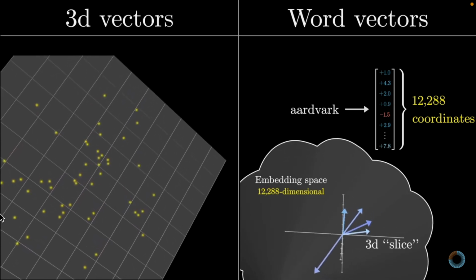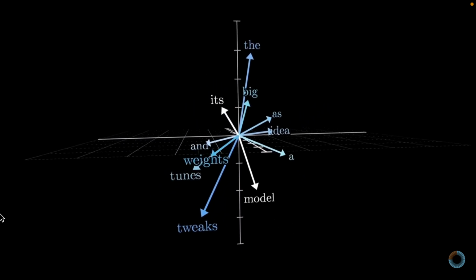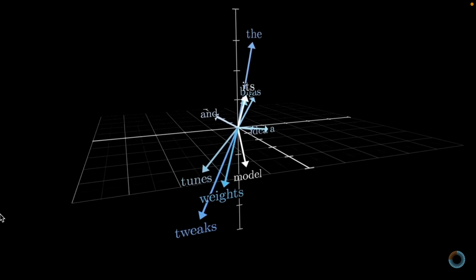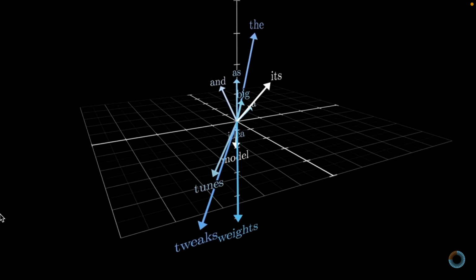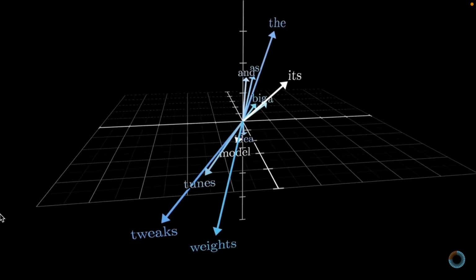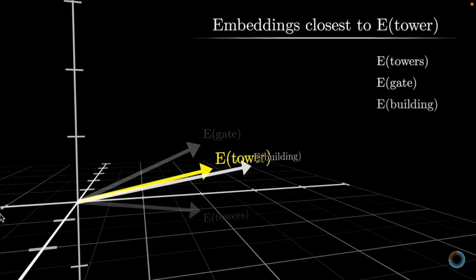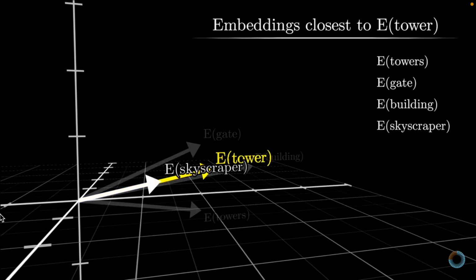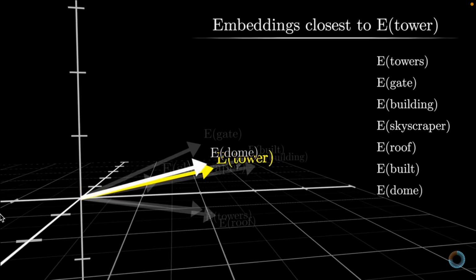The big idea is that as a model tweaks and tunes its weights to determine how words get embedded as vectors during training, it tends to settle on a set of embeddings where directions in the space have a kind of semantic meaning. For the simple word-to-vector model I'm running here, if I search for all the words whose embeddings are closest to that of tower, you'll notice they all give very similar tower-ish vibes.